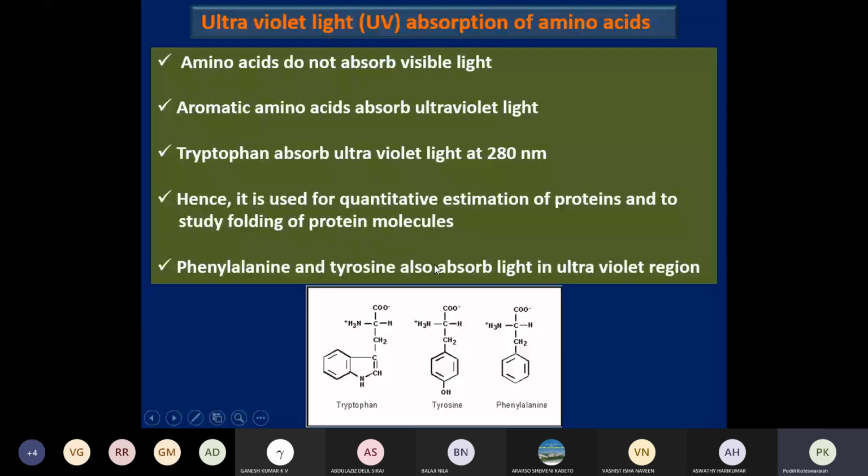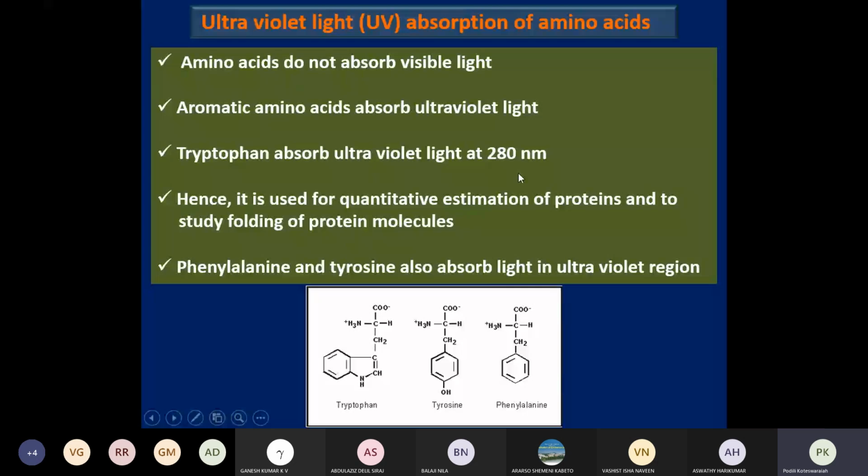And another important property of amino acids is the absorption of UV light. Amino acids do not absorb light in the visible region, but the aromatic amino acids, mainly tryptophan, tyrosine, phenylalanine, have aromatic rings with many double bonds, and these double bonds are responsible for absorbing light in the UV region, that is at 280 nanometers.